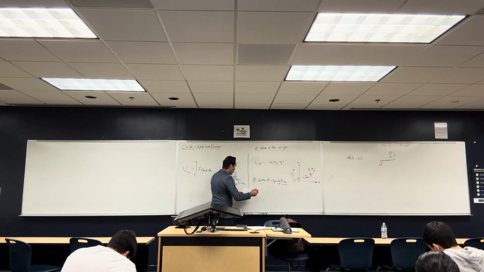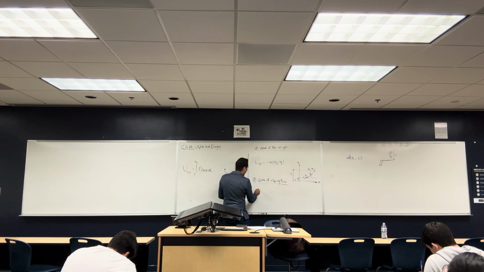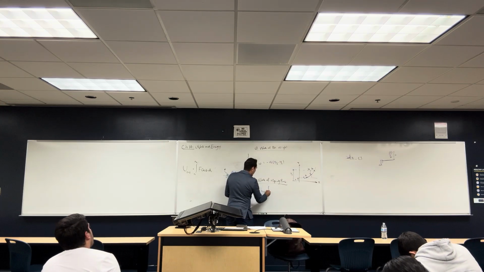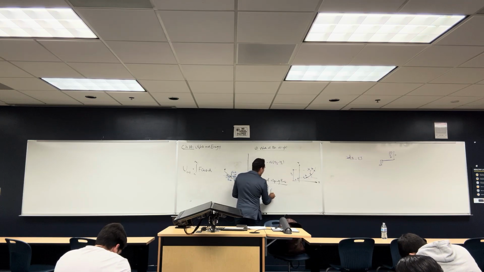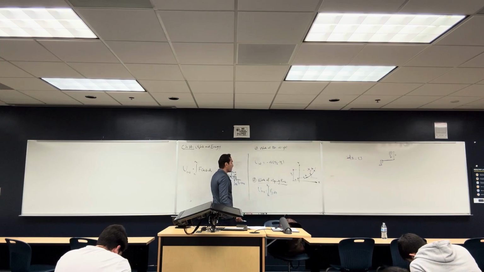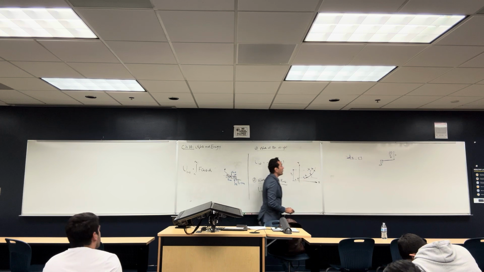The general rule of the work, as we said, is U from 1 to 2 equal to the integration from s1 to s2 of F cosine theta ds, or Fs ds, where Fs needs to be in the same direction, which is equal to Fs cosine theta. But I didn't put cosine theta here because of something that I'm going to tell you right now.